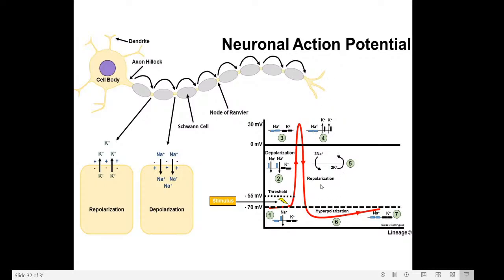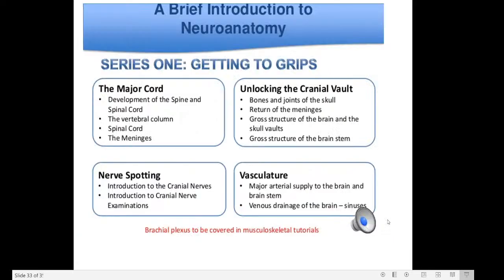This repolarization makes an imbalance, the voltage becomes low, and hyperpolarization happens. After the hyperpolarization, there is a balance of Na plus and K plus ions. Okay, in each and every series, we want to know the neuronal anatomy.